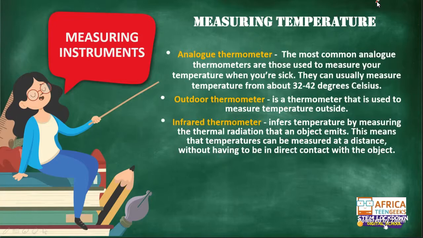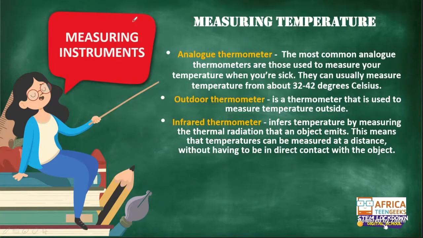Now, here are our more recent thermometers, and that is an infrared thermometer. Now, this infers temperature by measuring the thermal radiation that an object emits. This means that the temperatures can be measured at a distance without having to be in direct contact with the object. Now, we see this a lot today, actually.